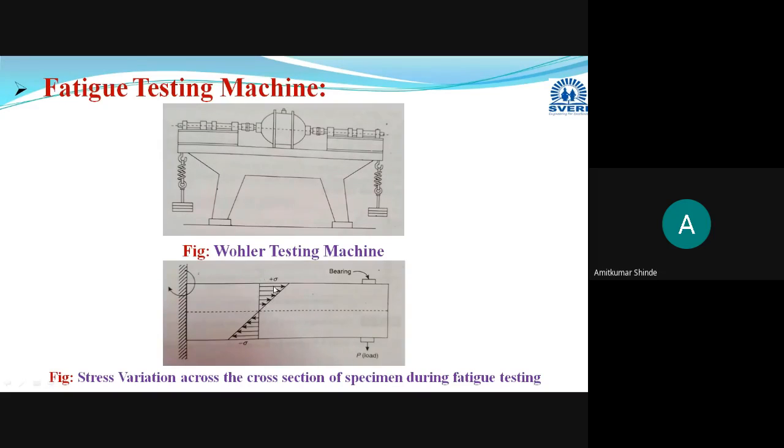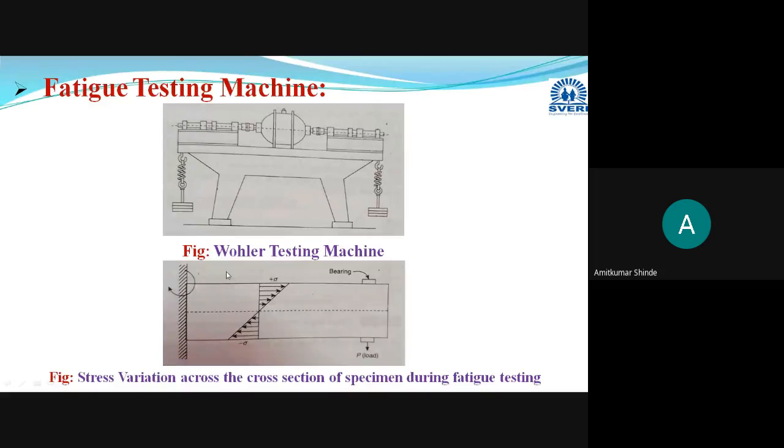This dotted line you can consider as its axis or neutral axis. The upper surface of the specimen will be under tension, and the lower surface will be under compression. Above the neutral axis the surface will be under tension, and below it the surface will be under compression.